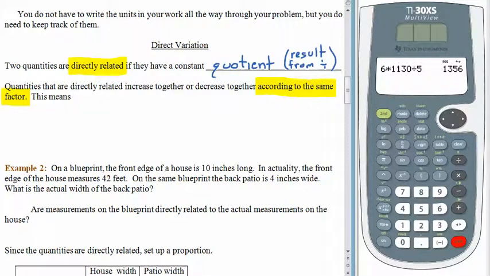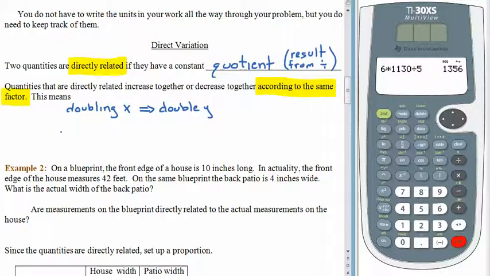So what that means is that if you double one, we'll say it's x, that means or forces you to double y. And that would mean that x and y are directly related.